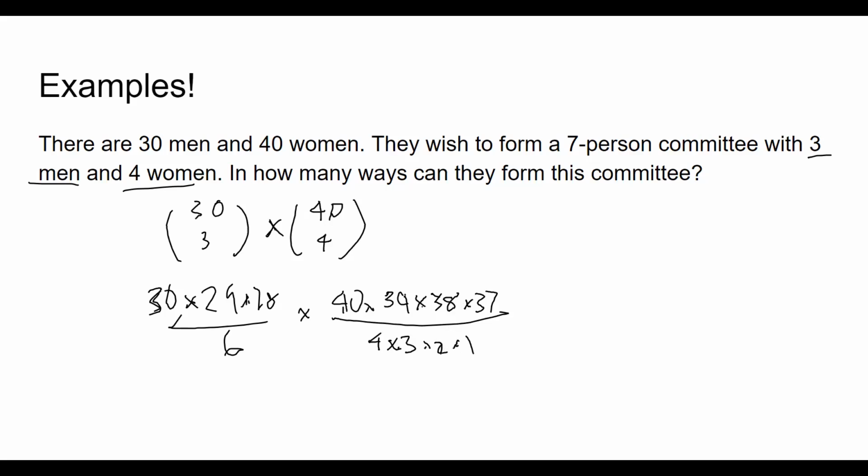It would look like this. I already factored out the 27 factorial from the top and bottom of the first one, and the 36 factorial from the top and bottom of the second one. So this would be the quickest way to do this.